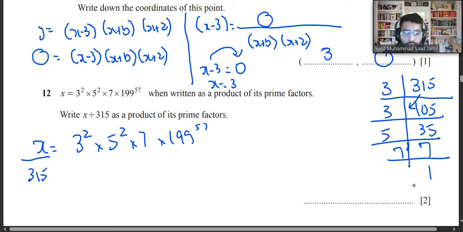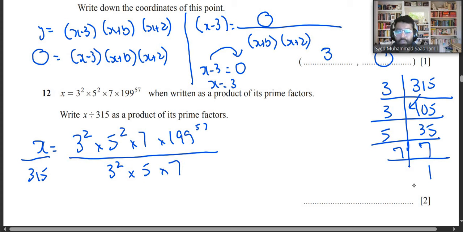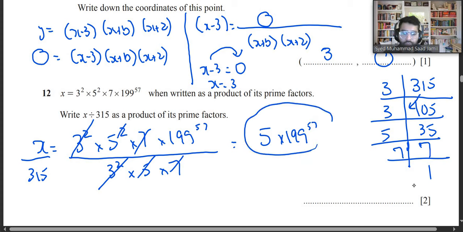And divided by 7: 1. So your factors are 3 square multiplied by 5 multiplied by 7. 3 square cancels, 5 cancels once because there was 5 square, and 7 cancels. So this becomes 5 multiplied by 199 raised to the power 57. So this is going to be your answer. Not that difficult.